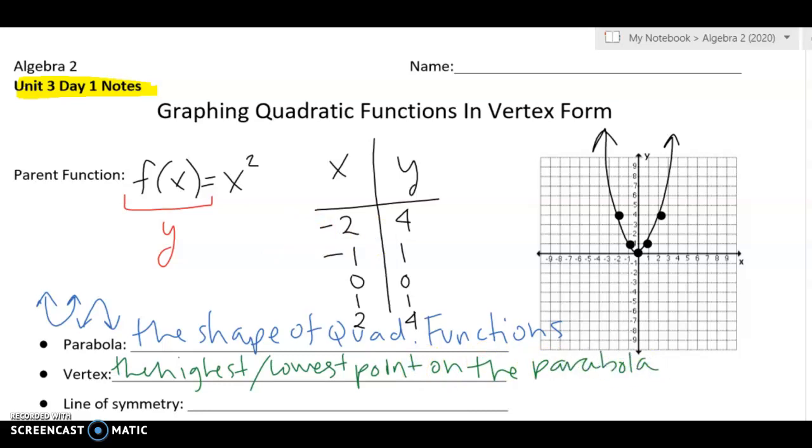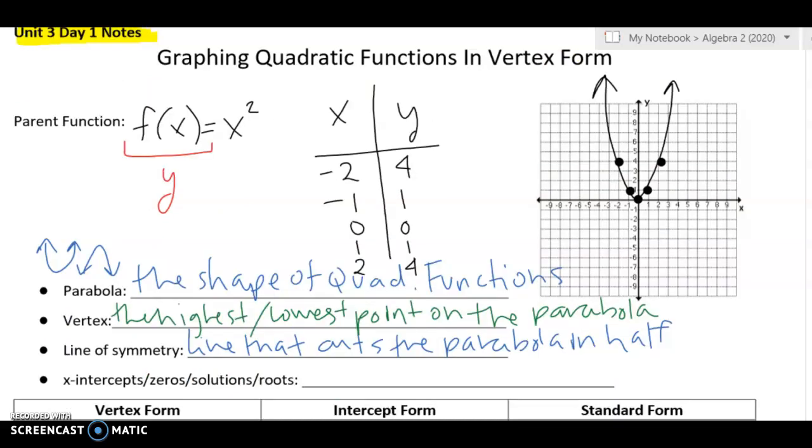So highest or lowest point on the parabola. Then we have line of symmetry. Line of symmetry is going to be a line that cuts the parabola in half. So it's the line that cuts the parabola in half.